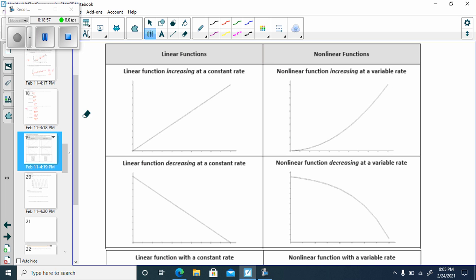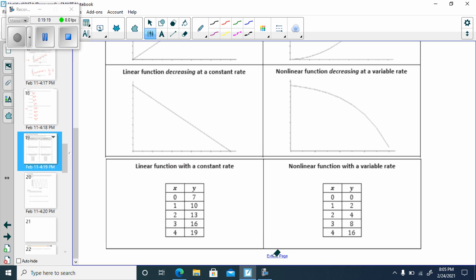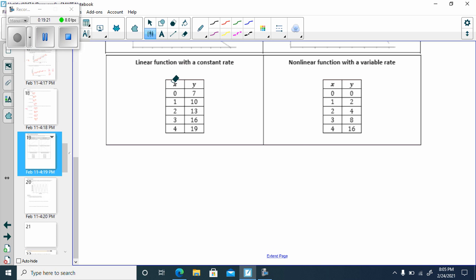That's a variable rate. This linear function is decreasing because it is going down, okay? And it's linear, so it's linear and decreasing. This one is nonlinear and decreasing because it doesn't form a straight line, doesn't have a constant rate, and it's going down.